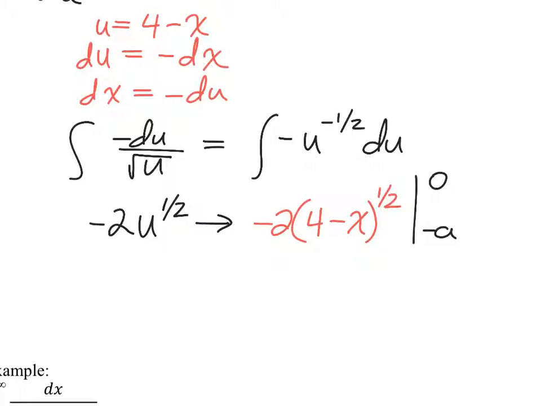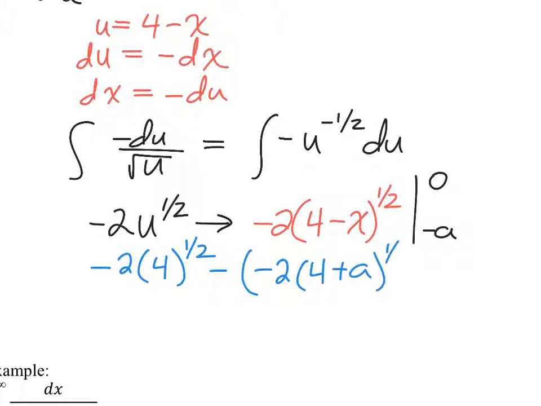So I'm going to plug in my bounds. So we're looking at plugging in the 0 first. So negative 2 times 4 to the 1/2. I'll simplify that in a sec. It's not difficult to do so. Minus negative 2 times 4 minus negative a, so plus a to the 1/2.